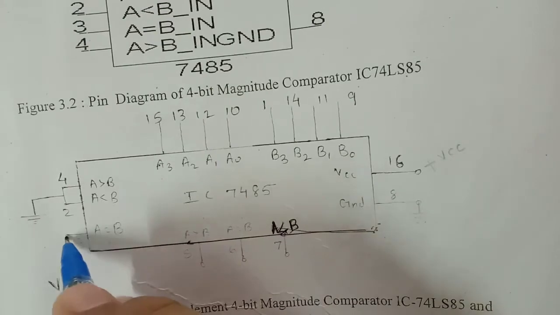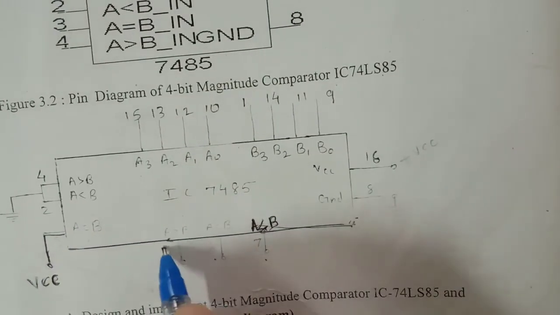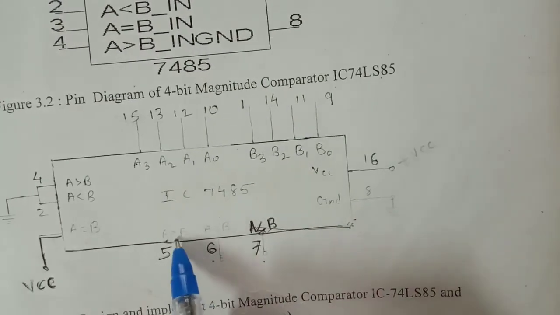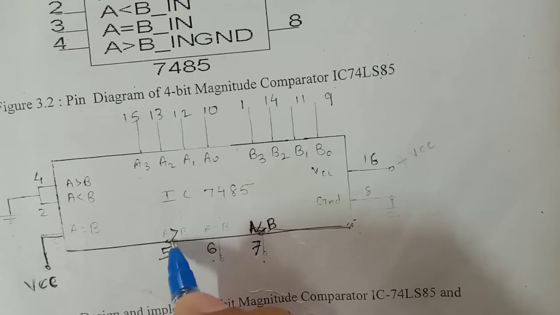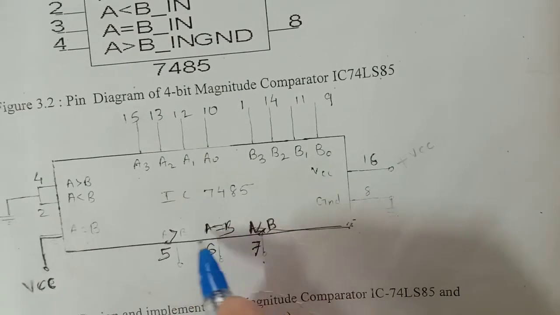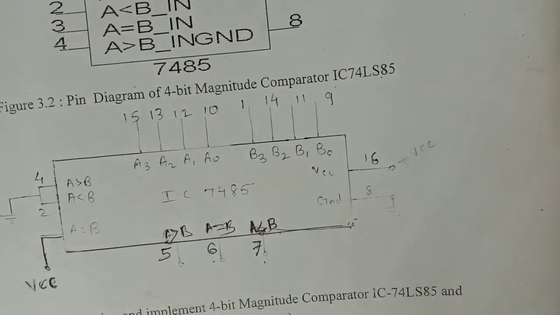The supply voltage is also connected to A greater than B. The outputs are 5, 6, 7. 5 is A greater than B, 6 is A equal to B, and 7 is A less than B.